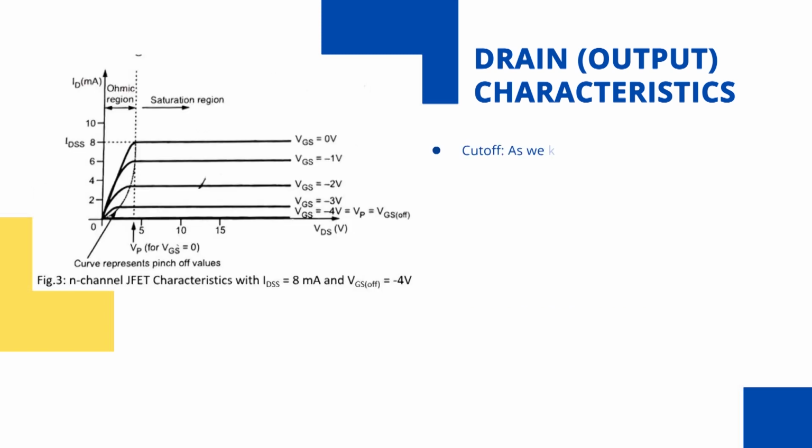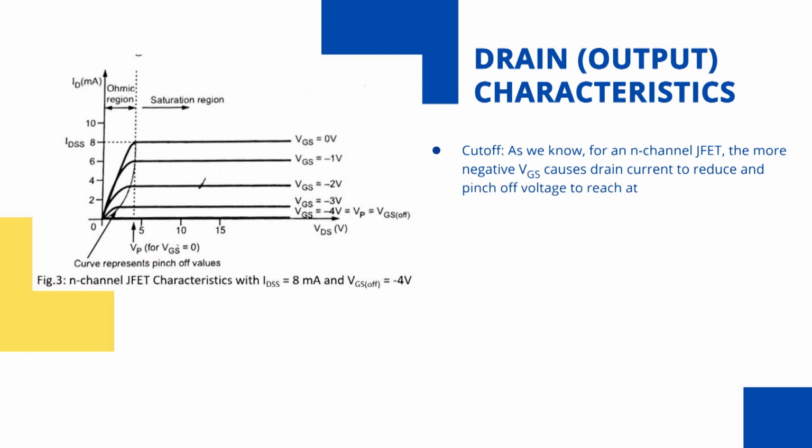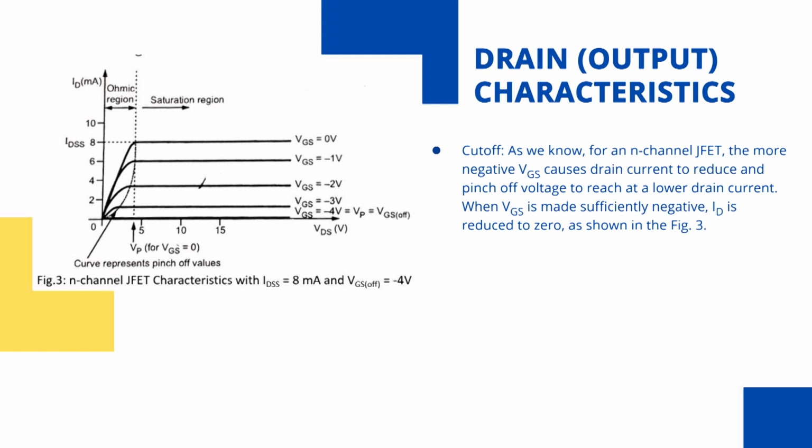Cutoff. As we know, for an N-channel JFET, a more negative VGS causes the drain current to reduce and pinch off to be reached at a lower drain current. When VGS is made sufficiently negative, ID is reduced to 0 as shown in figure number 3.